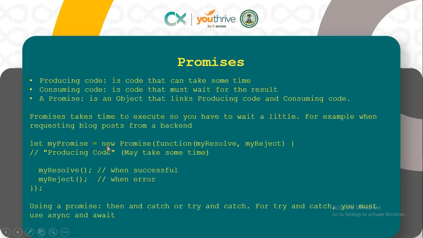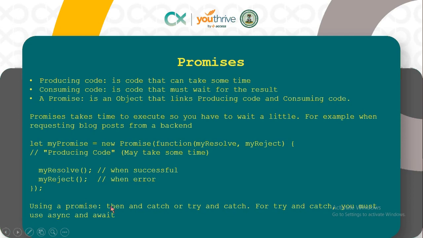From our classes so far, you know that this new Promise is a class, and everything that we do inside this class will be saved inside this object. So new Promise, then you accept a function, myResolve, myReject. So this myResolve is used when the promise is fulfilled, is successful. Then this reject is used if it is not successful.